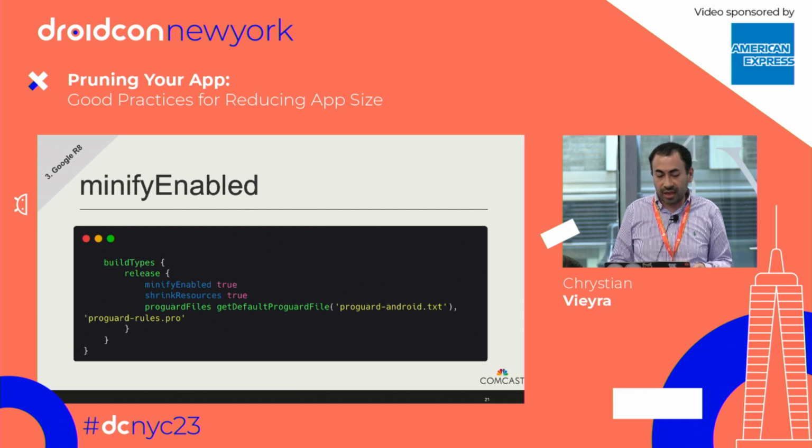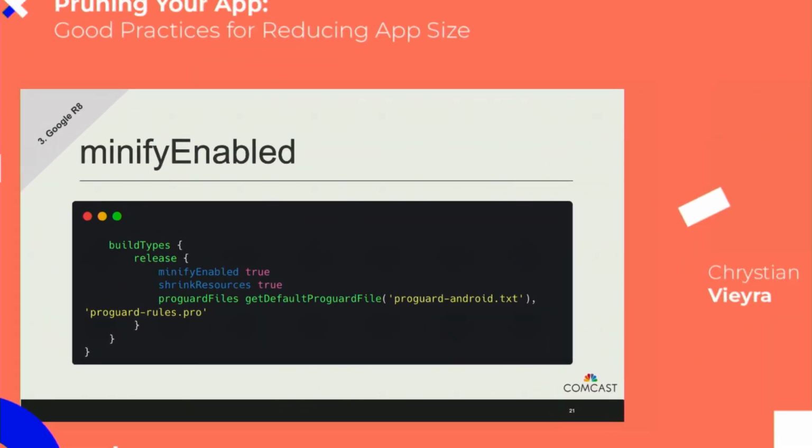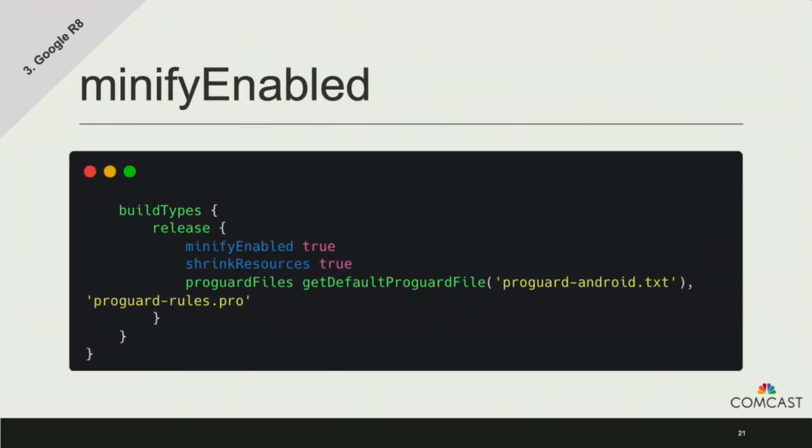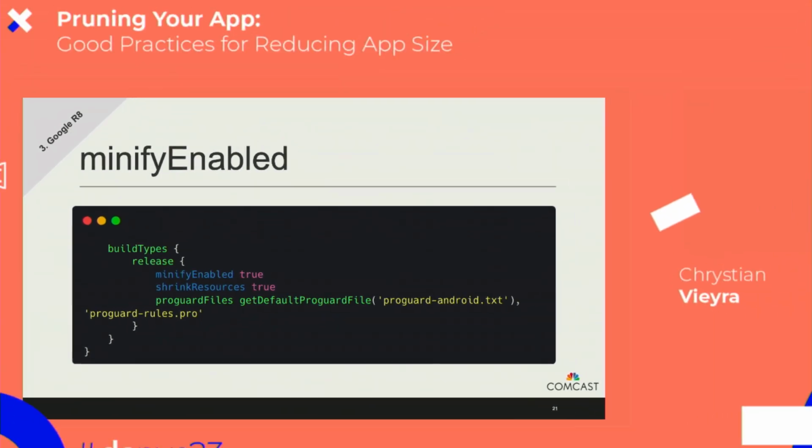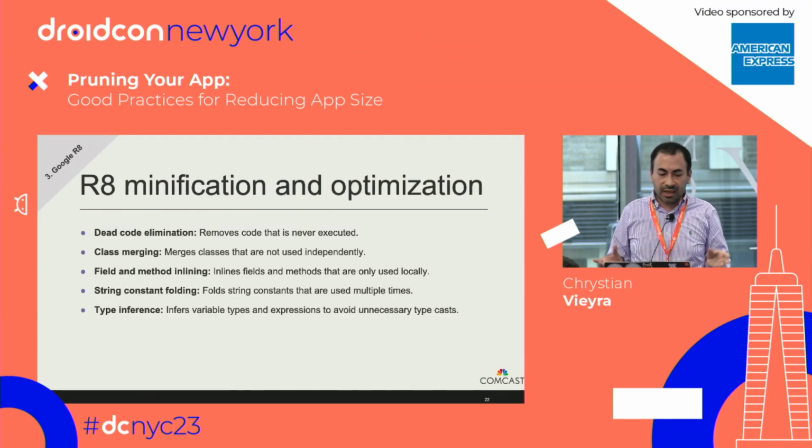So how do you enable this? You go to your Gradle file and you enable minifyEnabled. That's R8, that's ProGuard, right? That will compress your code. You also, ideally, want to use a sibling command, I like to say, shrinkResources. And I'll talk about shrinkResources in a little while. So minifyEnabled, it's R8.